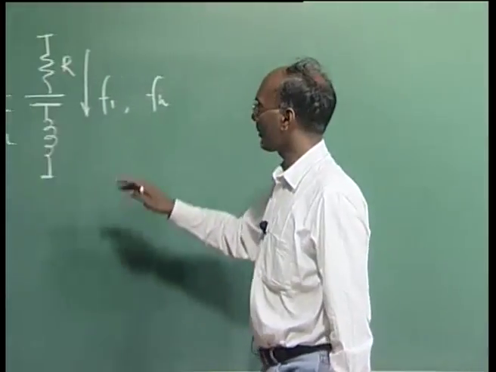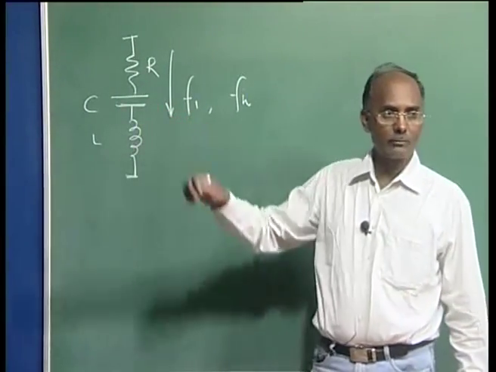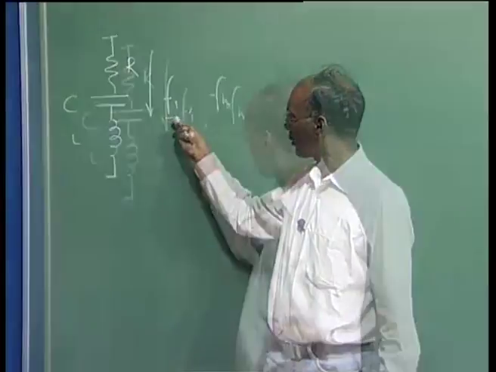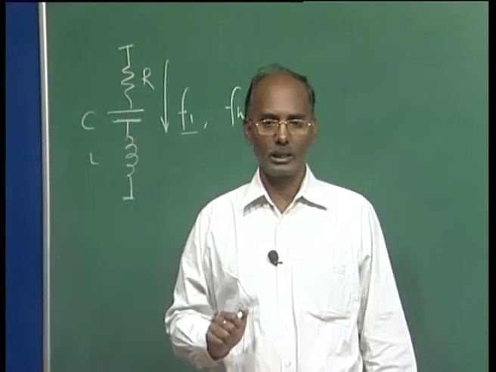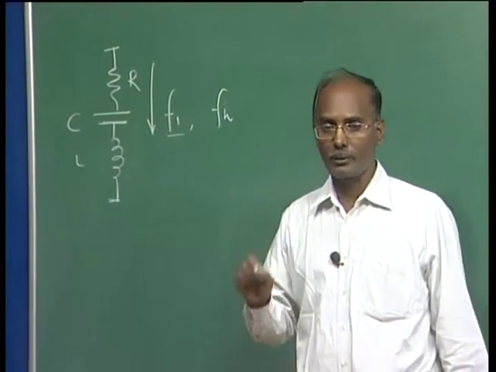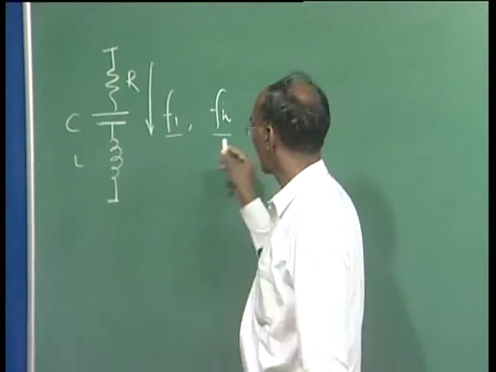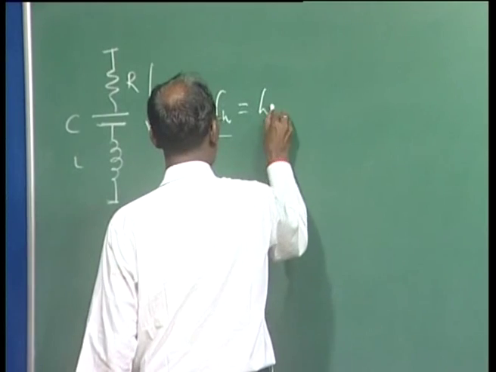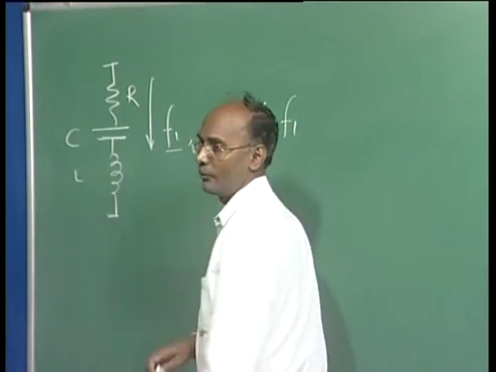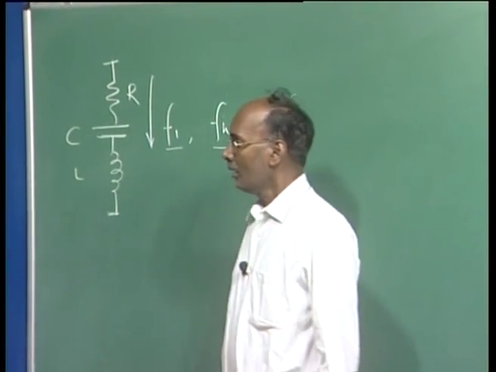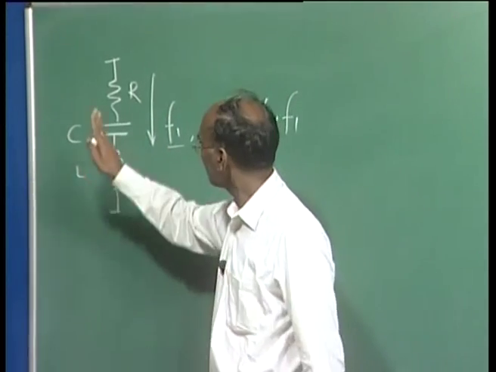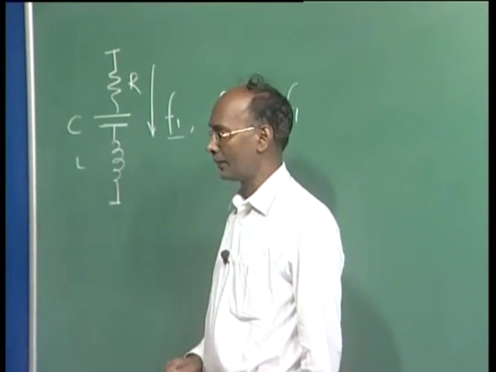That is why it is said the capacitor is basically sustained for two frequencies. One is F1, the fundamental component, and another is the harmonic component for which it is tuned, that is FH, which is H times F1. Similarly, it is true for inductance as well as for the resistance.